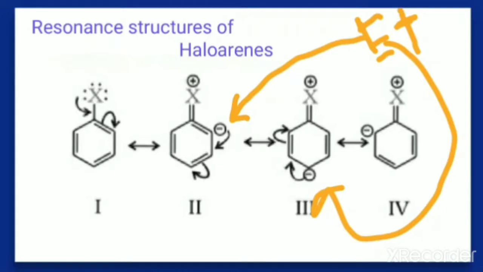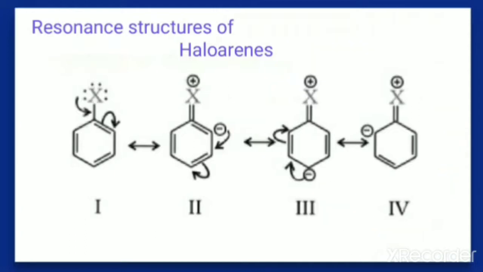Because of this reason, the chloro group is called an ortho-para directing group. Thus, whatever product we get during the electrophilic substitution of chlorobenzene will have the substitution at the ortho and para positions.